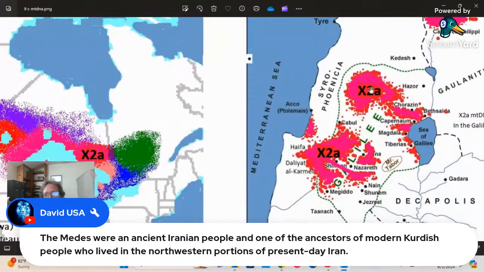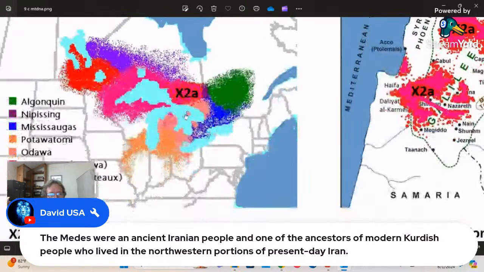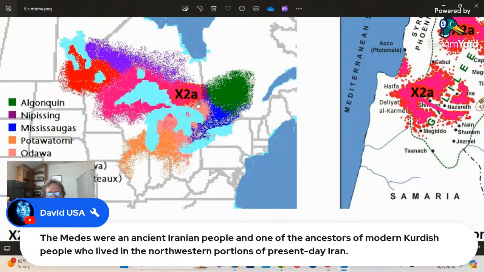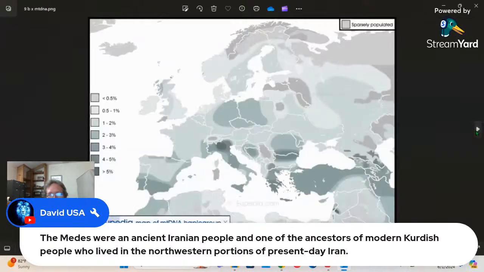So could be that the Phoenicians had trade with this part of the world, and this lineage here that was brought over from the Mediterranean to the Great Lakes region may have come back here if they have it written correctly. This is X2A here, this is X2A, but the European X2A is not X2A, it's X2-A. But if this is X2A, it means it came from here, if they have it coded correctly. But I think that's what they're showing there.